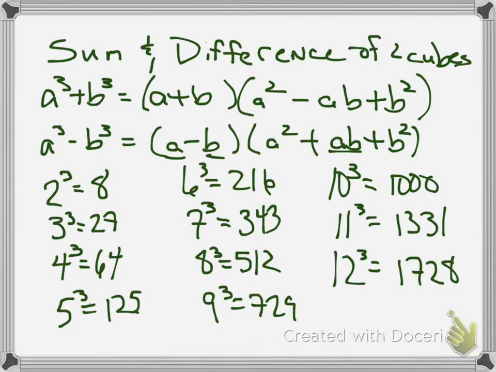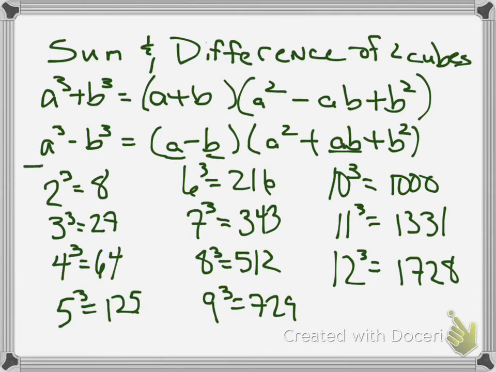First off, let's talk about sum and difference of two cubes. The idea here is, if it's two terms, look at it: is it a cube? Like x cubed plus something, x cubed minus something, then you follow a specific formula.